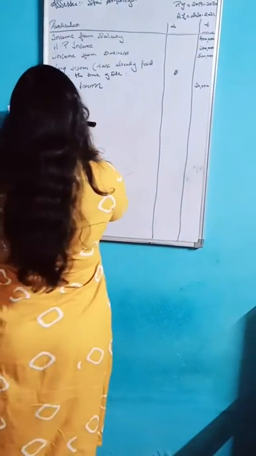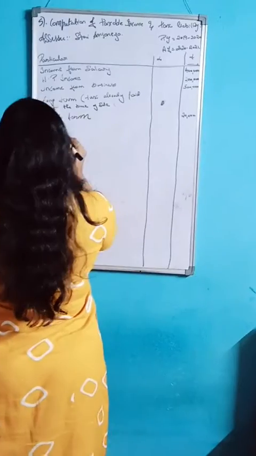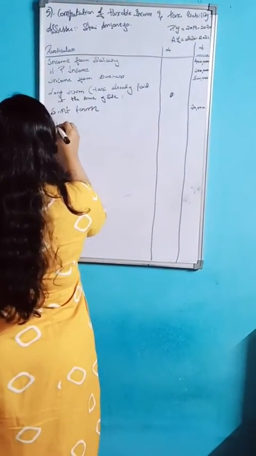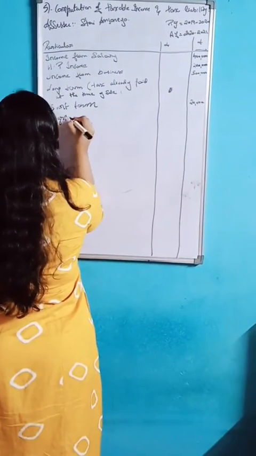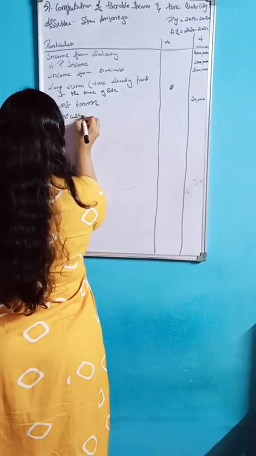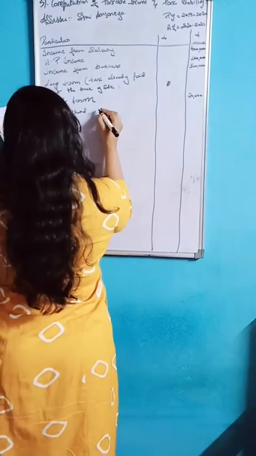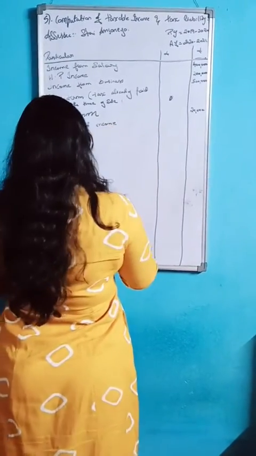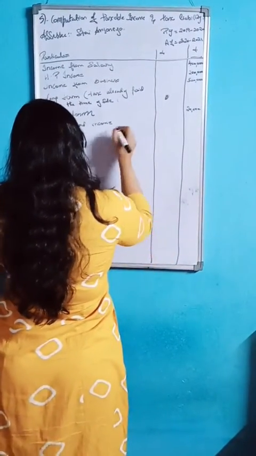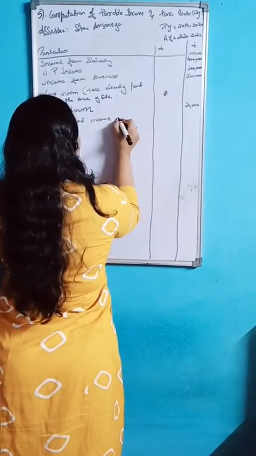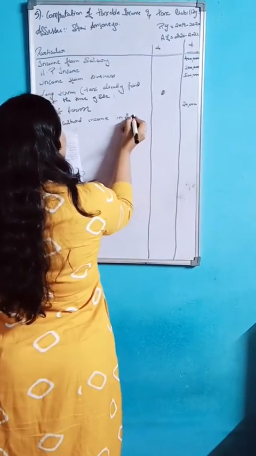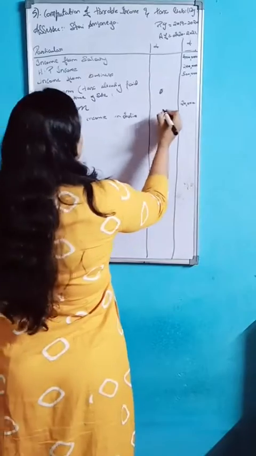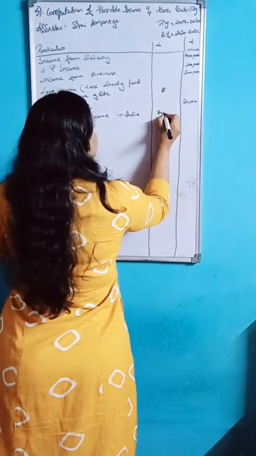So agricultural income in India, it's exempted.